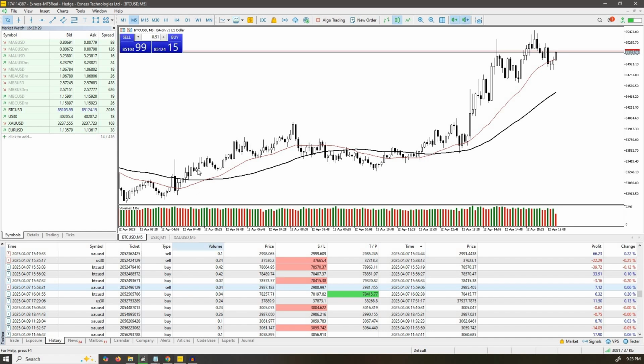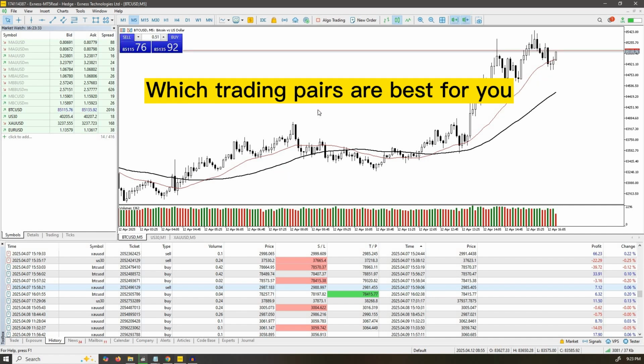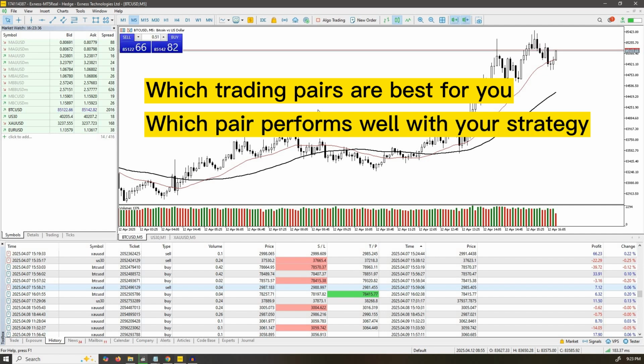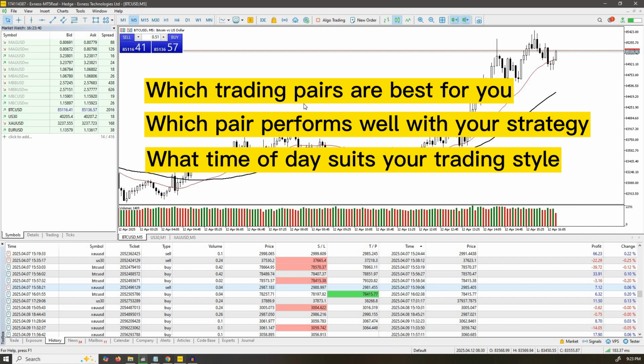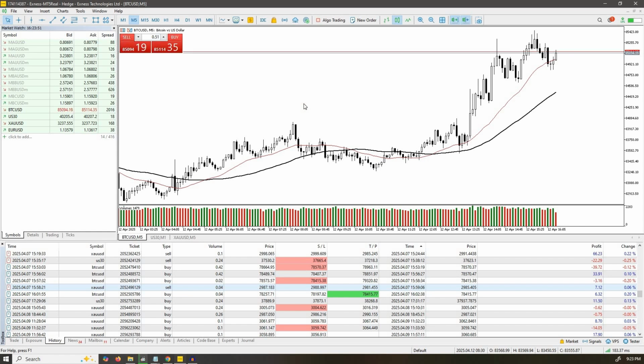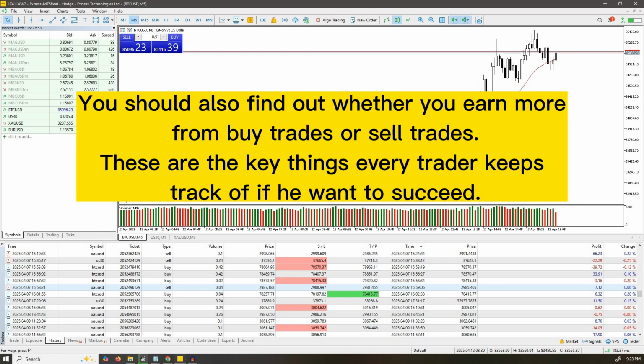You need to know which trading pairs are best for you, which pairs perform well with your strategy, what time of day suits your trading style, and exactly which day, Monday, Tuesday, Wednesday, Thursday or Friday, you perform the best. You should also find out whether you earn more from buy trades or sell trades. These are the key things every trader keeps track of if he wants to succeed.